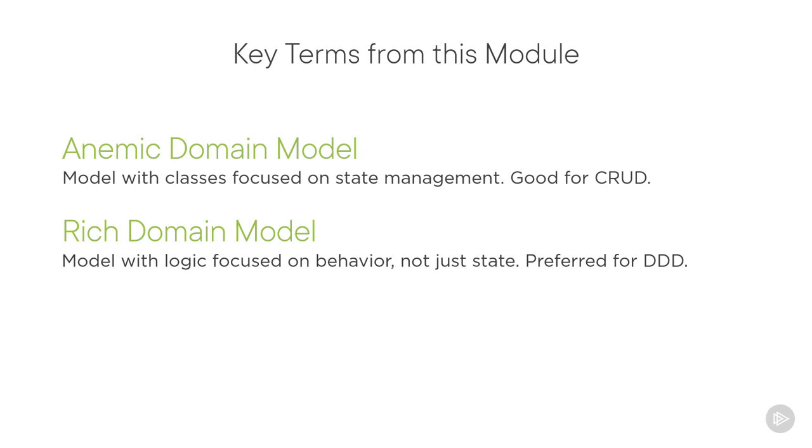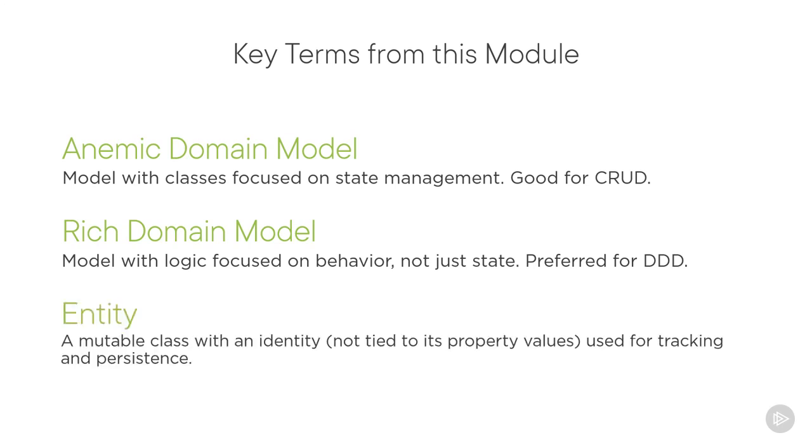These are models that look a lot more like a database schema than a class that has lots of methods and rich behavior in it. On the other side of that is a rich domain model, which is what we strive for in domain-driven design, and that's a model that really is focused on behavior, not just changing the values of properties.